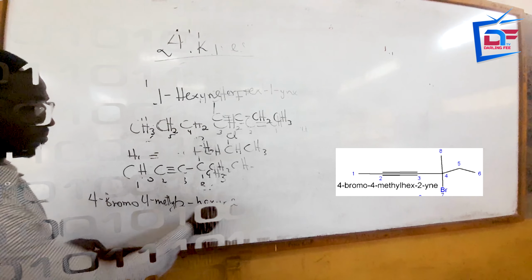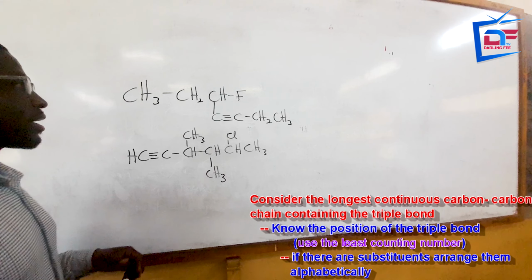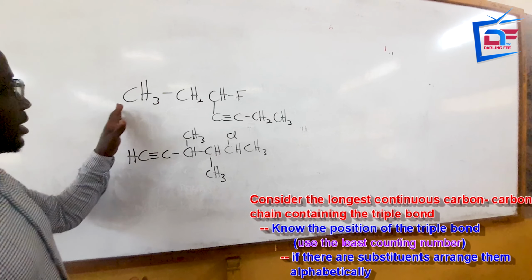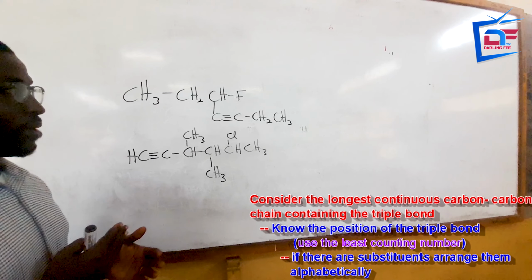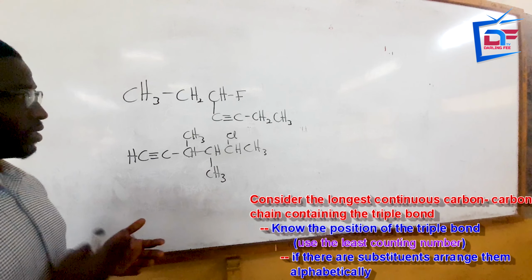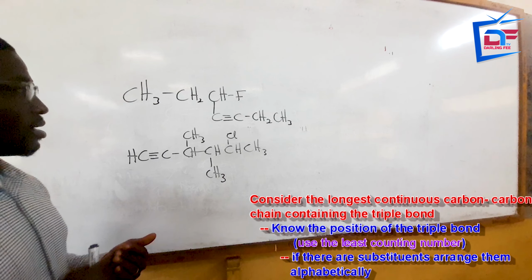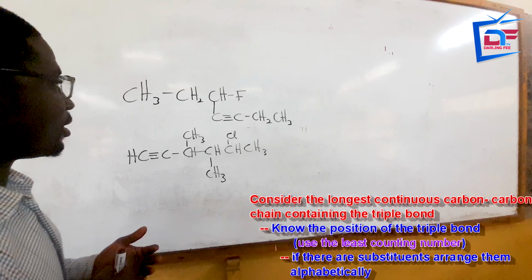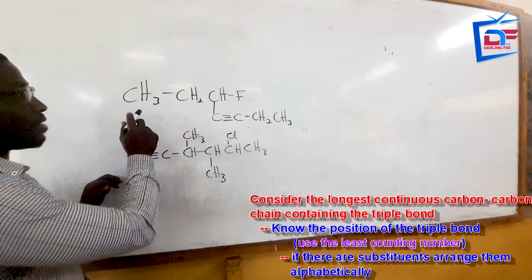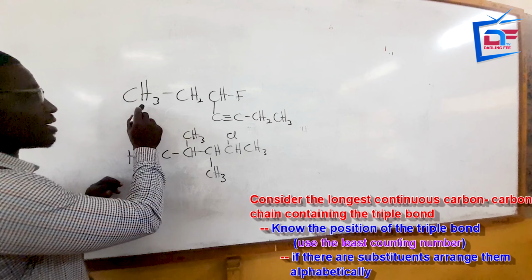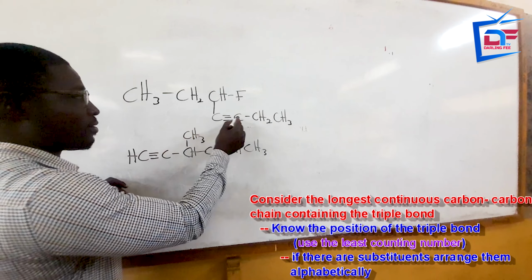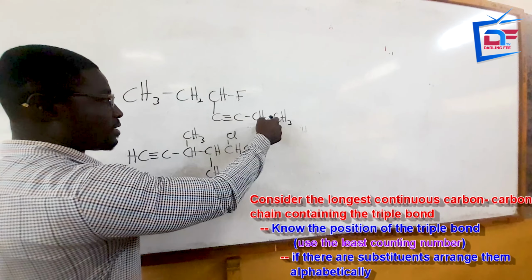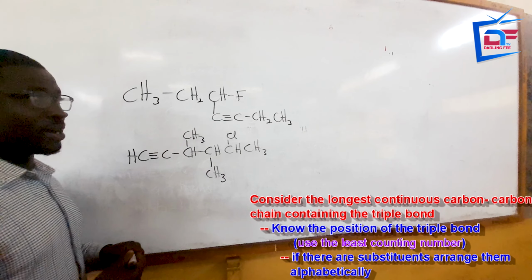I want to look at the last set of examples under alkynes. Now looking at the first structure here, we have to go with the rule. We have to consider the longest continuous carbon-to-carbon chain containing the triple bond. So let's see. Now if I start counting from here, that is going to give us 1, 2, 3, 4, 5, 6, 7. And that is going to give us heptyne.